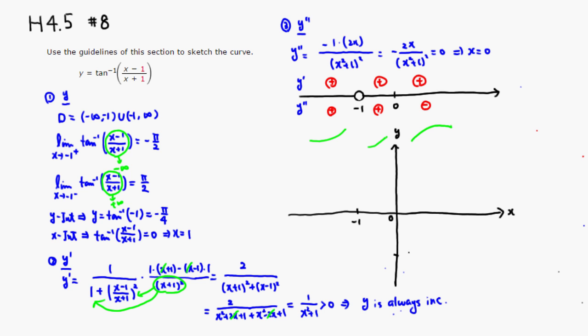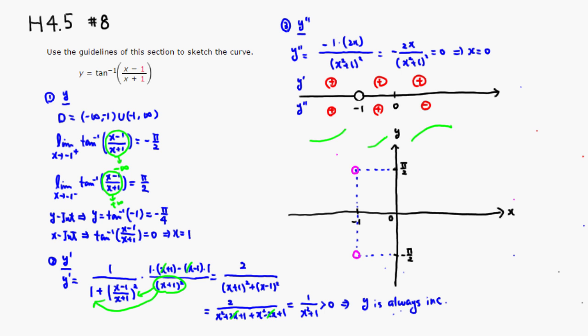So here I'm going to put the negative pi over 2, and here's the location. I put an open circle because the function is not defined there. But if you're coming from the left, it's positive pi over 2. So I'm going to put positive pi over 2 here, and we're going to head toward this point right there.